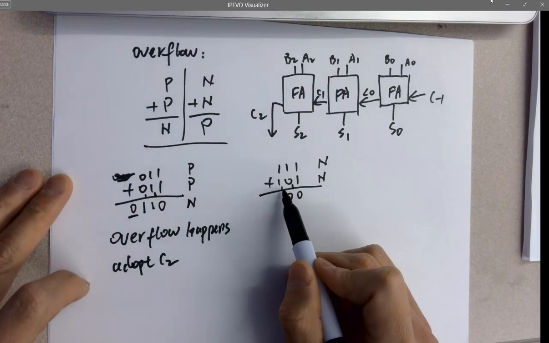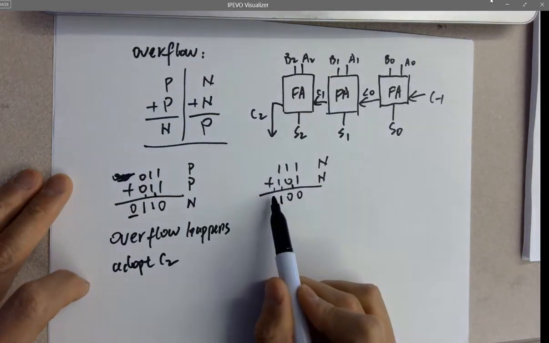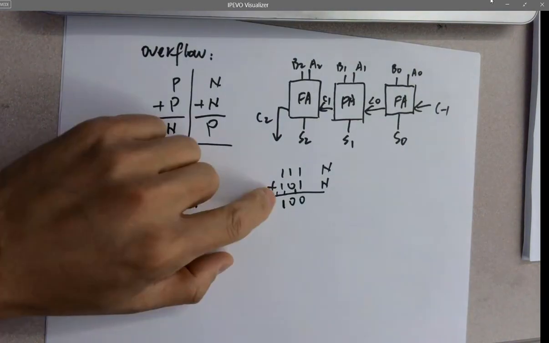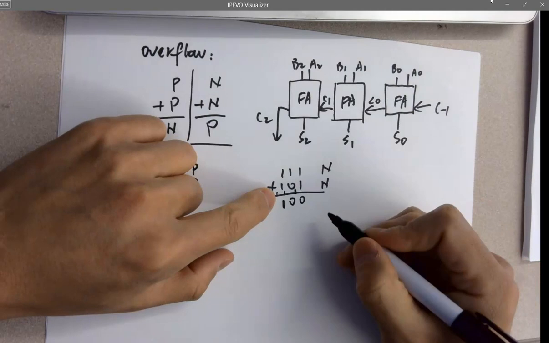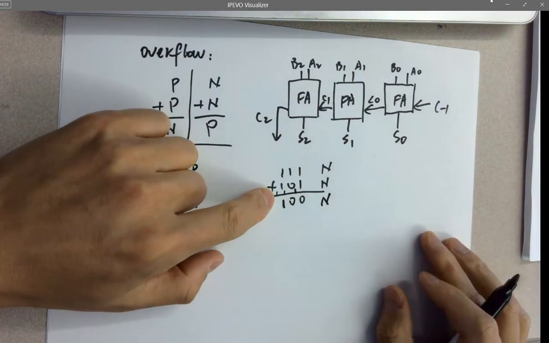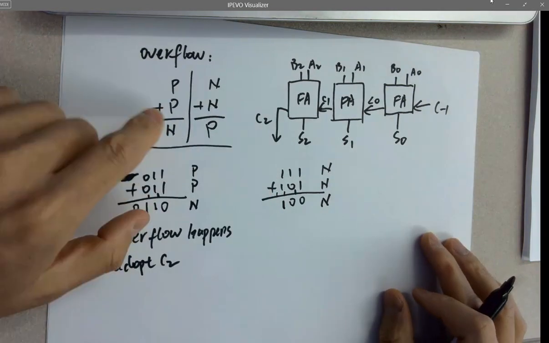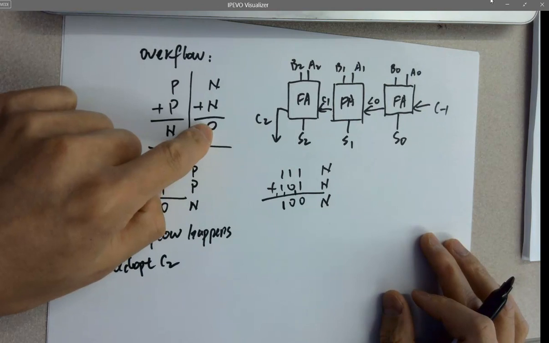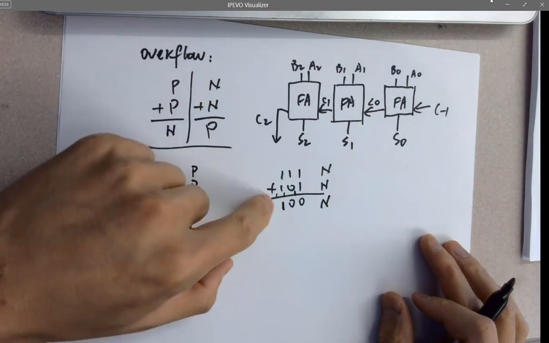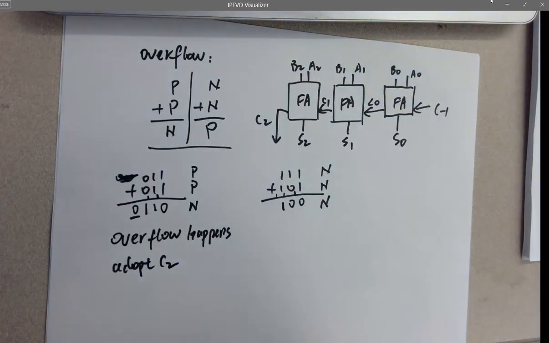C1, right? And this is 1, 1. So C2 becomes 1 here, right? So it's N. Is there overflow or not? No overflow, because overflow has to be PPN or NNP. So with N, there's no overflow. Even though there's a carry out, there's no overflow. Overflow is just a certain definition we're talking about.